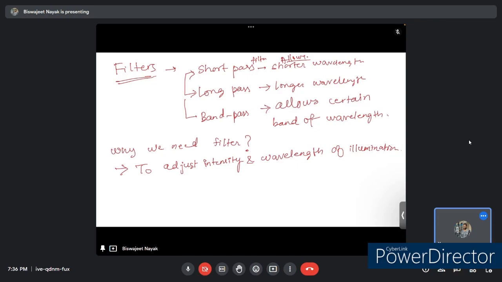While discussing this filter, there's a very important concept called interference filter. This allows very steep wavelengths to pass through.